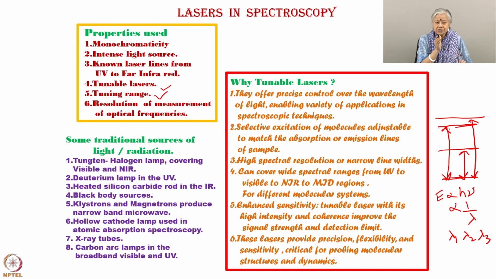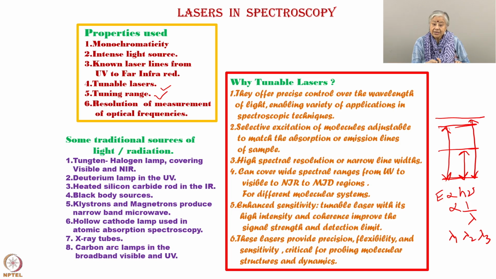Or suppose they want a wavelength close to NIR, but not exactly the one given by the tungsten halogen lamp. Then you have to change your complete system. But if you have a source which is continuously tunable over the visible to near infrared or in the UV region, then you have so many wavelengths possible from the same source. And then you study your sample.